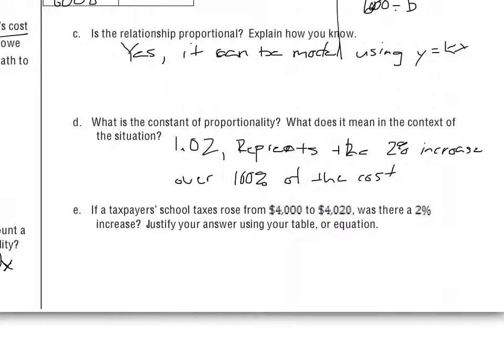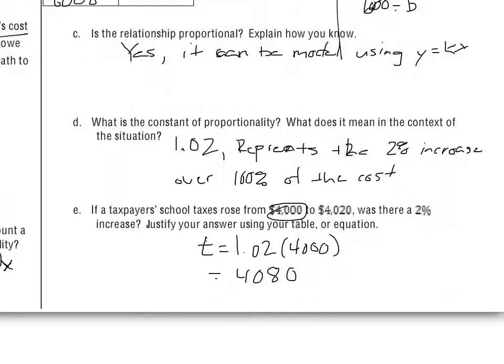So I'm going to plug in the before, which was 4,000, so T is equal to 1.02 times 4,000, and what I get is 4,080.